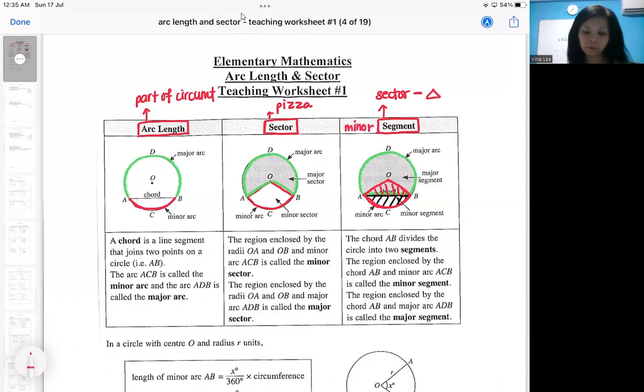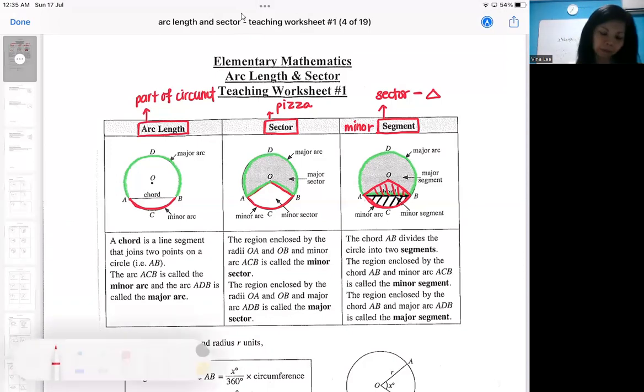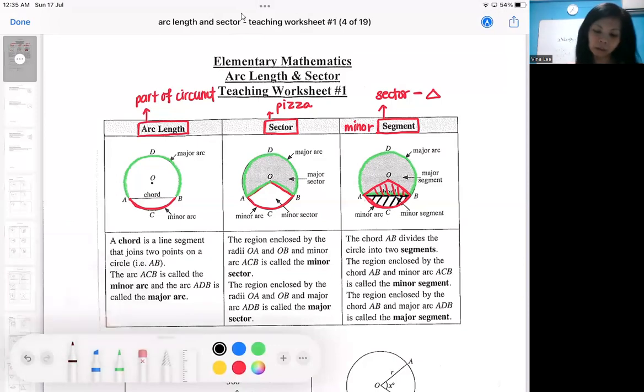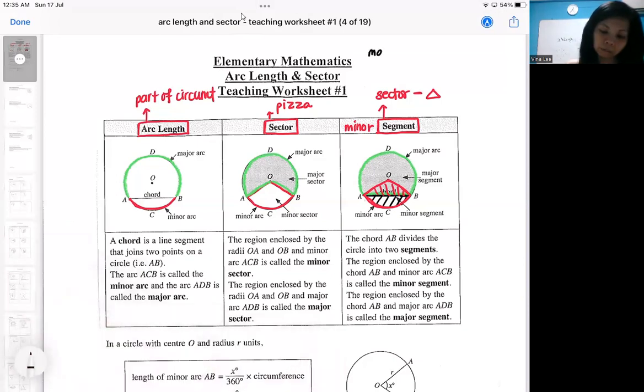There are two ways to visualize the major segment. You can visualize it in this way. For the major segment, you can take the full circle and subtract off the minor segment.